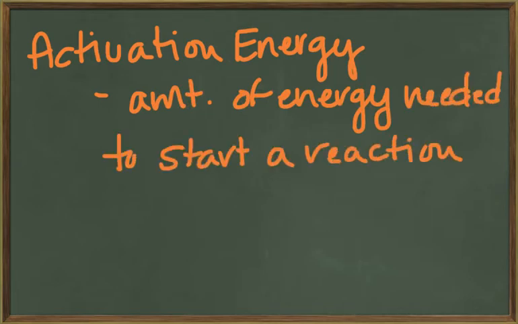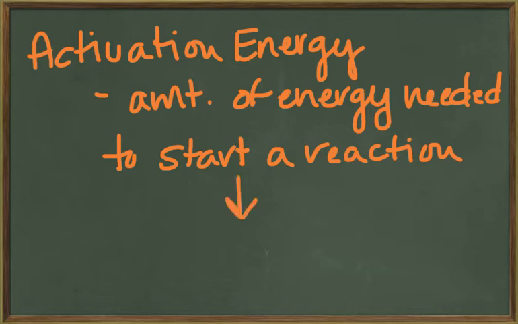If I want a reaction to begin for an endothermic, for decomp, a lot of times they need help. The reaction itself requires a massive amount of energy input. And the way to get around this is to lower this activation energy. If I can lower the amount of energy it takes for me to start a reaction, I can get the reaction going a whole lot sooner.